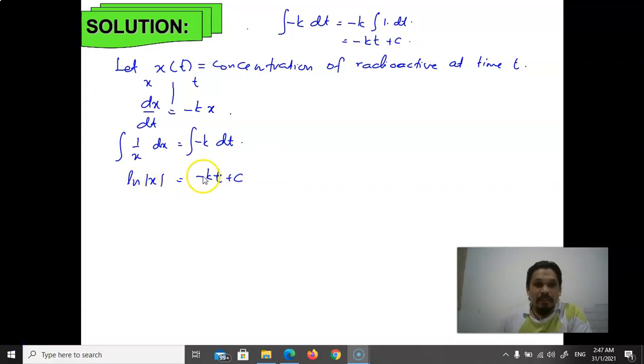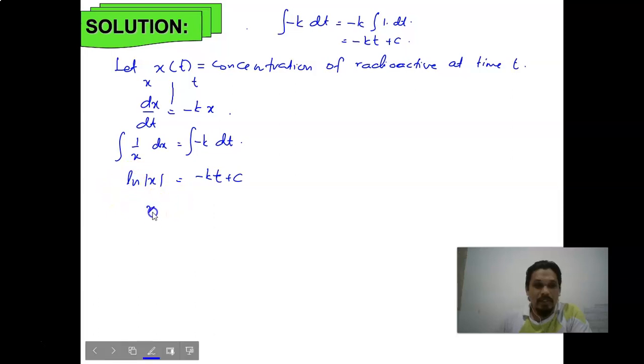Okay, let's simplify this. If we come up with the constant we call Euler's constant, e, then we get x equal to e to the power of negative kt plus c, which is e to the power of negative kt times e to the power of c.